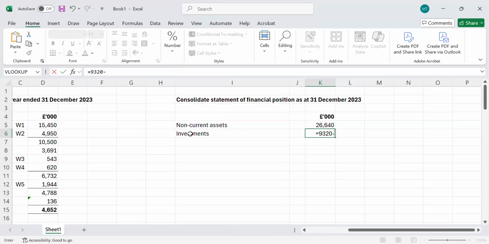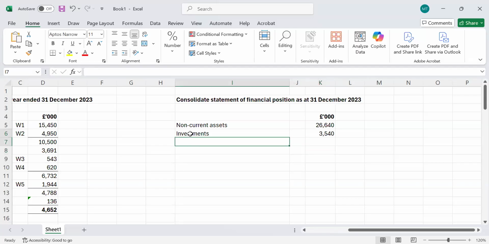So how much was invested? If you remember, when the 90% holding was acquired, the parent invested 5.2 million. And when 25% of the associate was acquired, the cost of that one was 580,000. So the adjusted investment figure is 3,540. Right, now we have done this one.